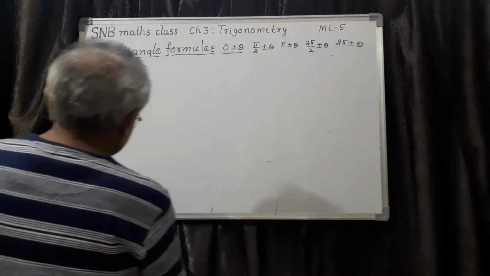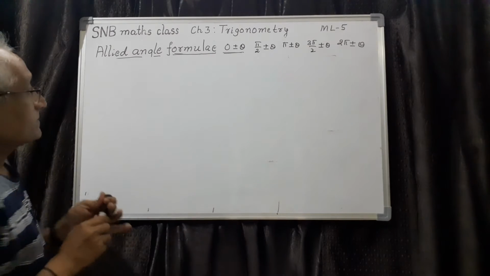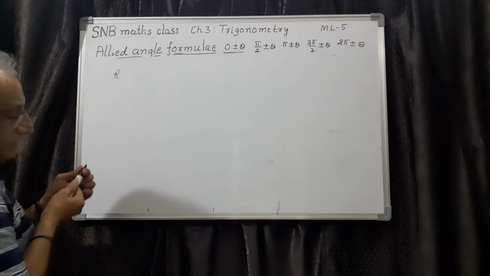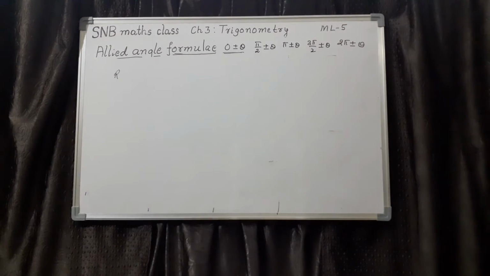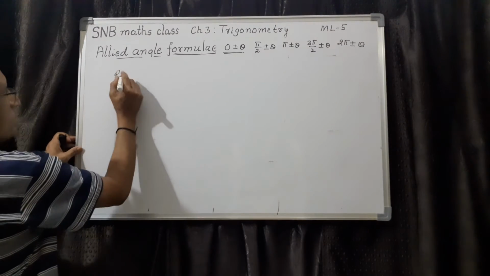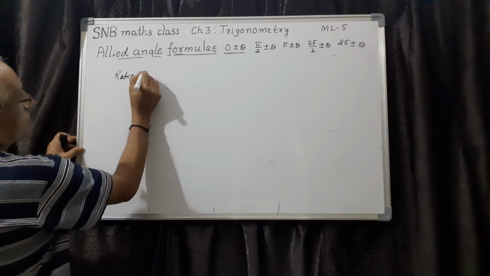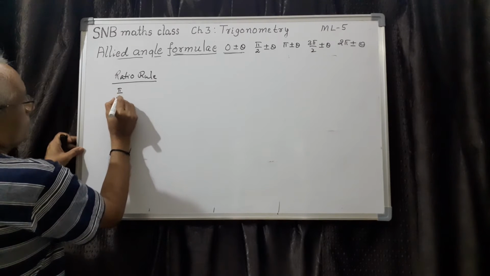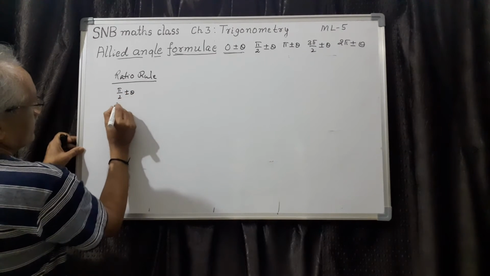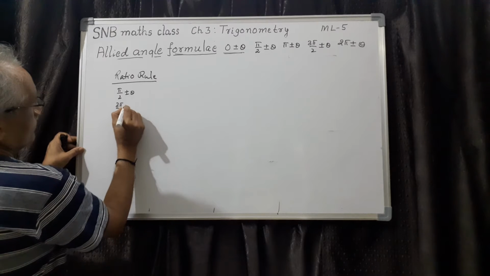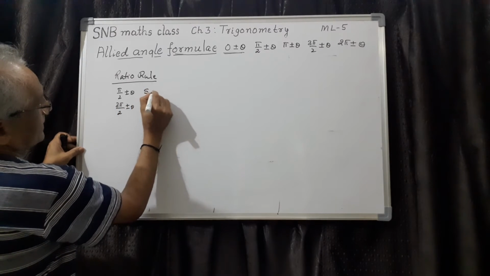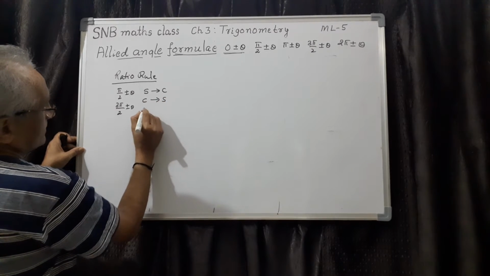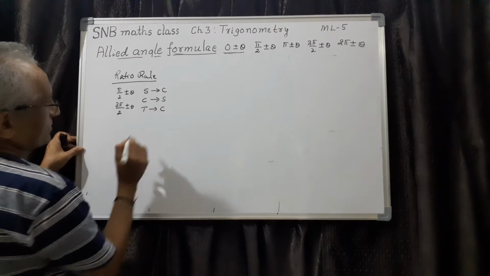The rule is this. First, what I have to do is the ratio rule. Let me write it like this. One is the ratio rule. What is the ratio rule? For pi by 2 plus or minus theta, 3 pi by 2 plus or minus theta, sin changes to cos, cos changes to sin, tan changes to cot.